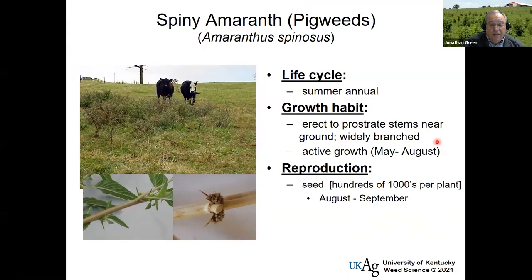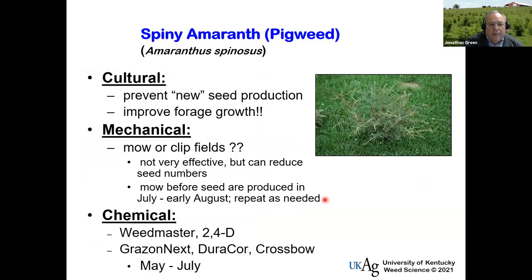The one difference is, though, this one does start its reproductive phase a little bit earlier than the cocklebur and the ragweed does. In fact, this thing can start producing flowers even, I think, into July. Early July, you'll start seeing at least the male flowers, and then you can have seed.